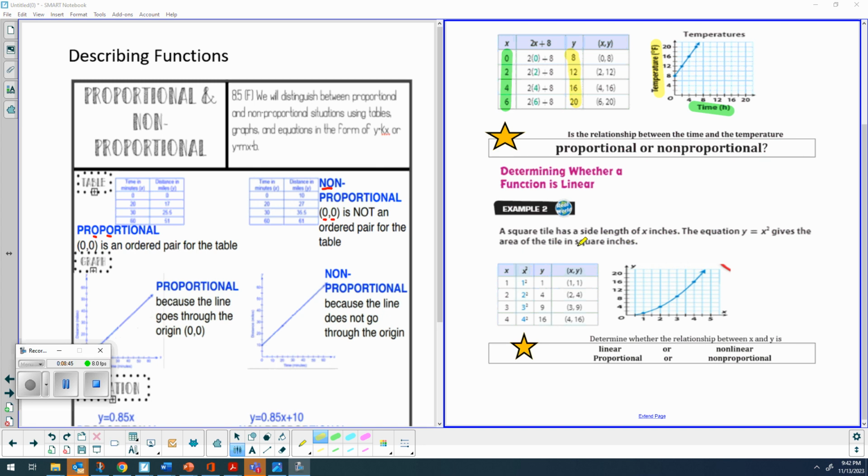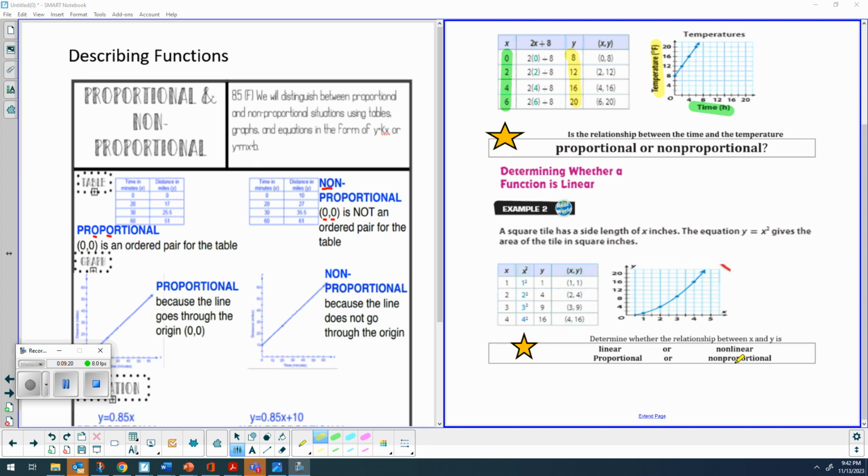So we have two representations: a table of values and a graph, and we have the equation. Based on what's embedded in the table, the graph, or the equation, you're determining two different, distinct things. Is the relationship linear or nonlinear? And then is it proportional or non-proportional?